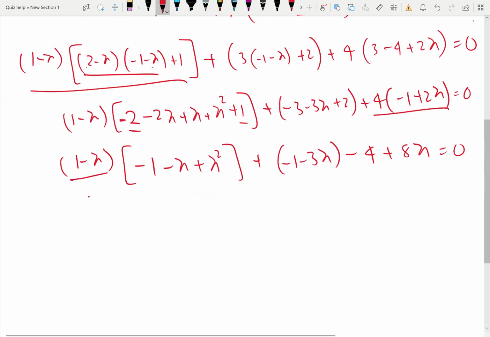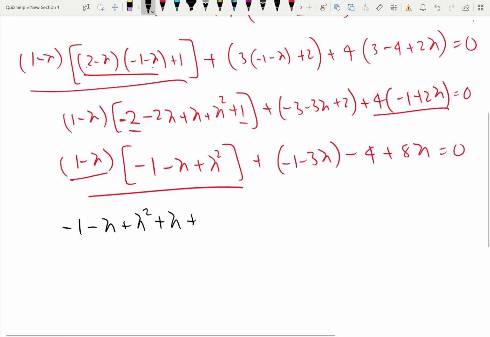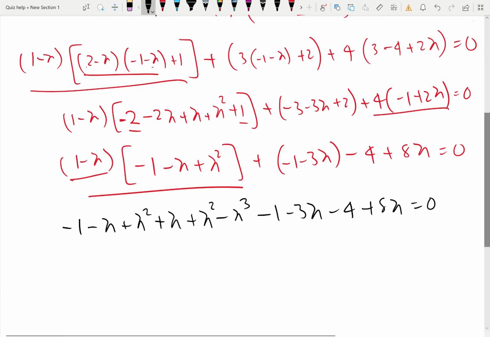Now let's multiply these two out. I know it's going to be a long one when you're dealing with 3 by 3 matrices. So if you multiply out, negative 1 minus lambda plus lambda squared plus lambda squared minus lambda cubed, minus 1 minus 3 lambda minus 4 plus 8 lambda. Finally, we can write a cubic equation.